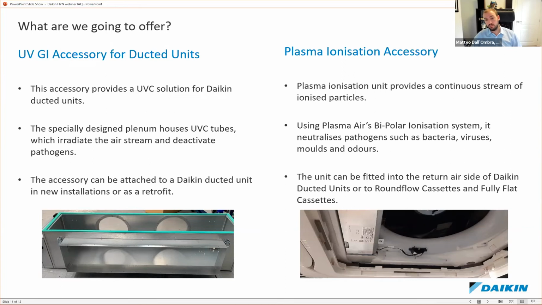And so this can be a very easy, cost-effective, and quick solution, especially for retrofit installations, and especially where you have that type of decentralized and spread-around system where you might have many fan coils around your space.